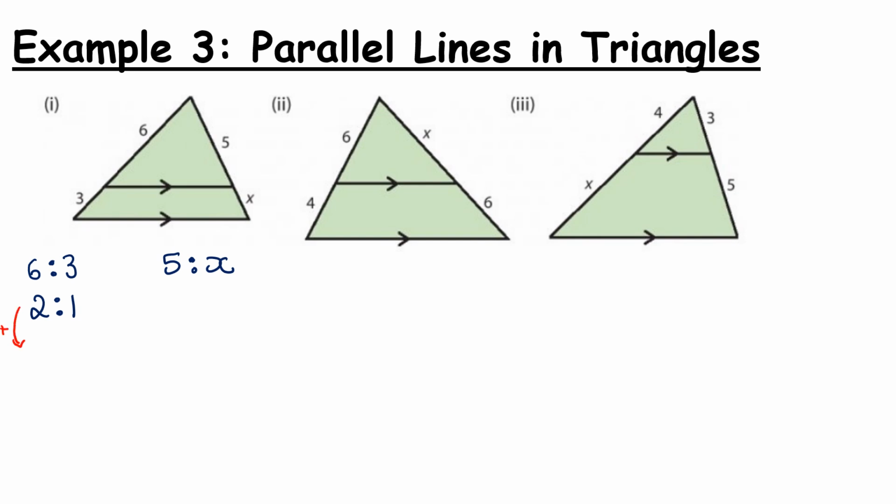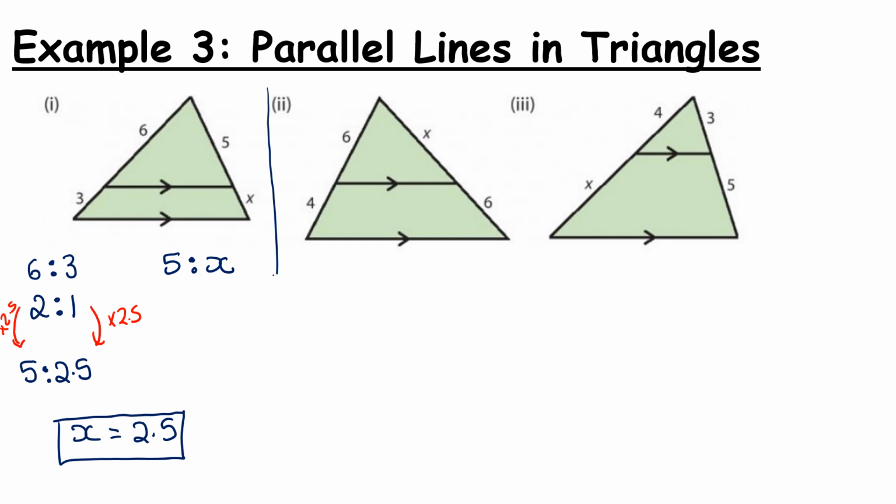I can multiply by 2.5. Whatever I do to one side, I do to the other. So that's going to give us 5:2.5. Now you might see that much quicker by simply saying, well, 3 is half of 6, so x must be half of 5. And that's absolutely perfect if you want to work that way, but I want you to make sure you have a method that will work in all cases.